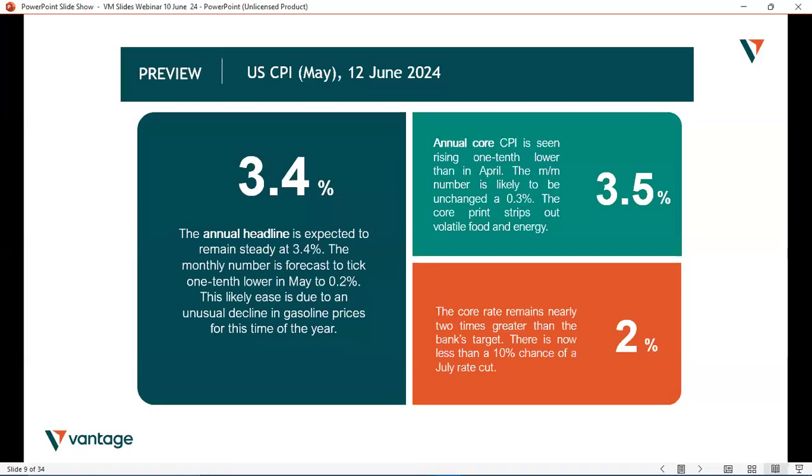Helping in May, economists reckon, will be the reversal in oil's Q1 2024 gains, and core inflation potentially showing some evidence of progress. So among the smaller subcomponents, motor vehicle insurance is expected to plateau, and shelter, the big one, is expected to decelerate further.